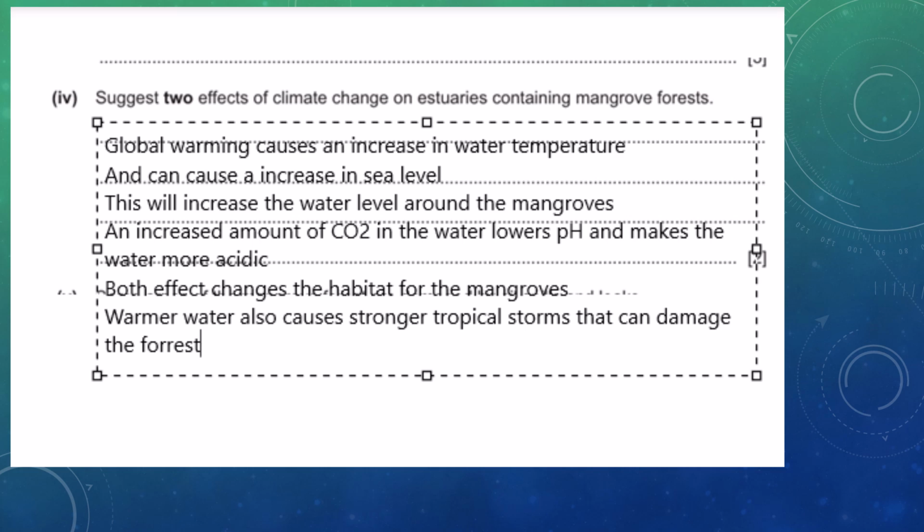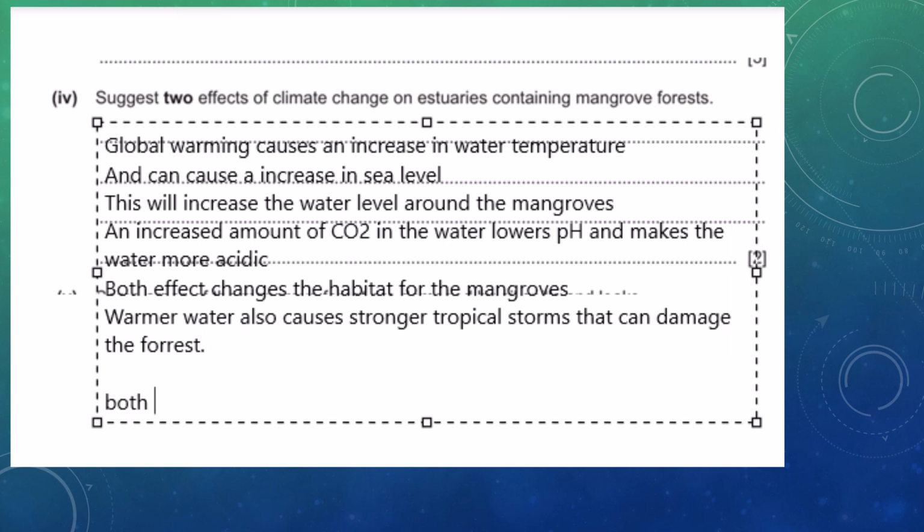This will increase the water level around the mangroves. An increased amount of CO2 in the water lowers pH and makes the water more acidic. Both affect and change the habitat for the mangrove forest. Warmer water also causes stronger tropical storms that can damage the forest. Both can have a damaging effect on the mangrove. This way, I'm pretty sure we will get all the points.